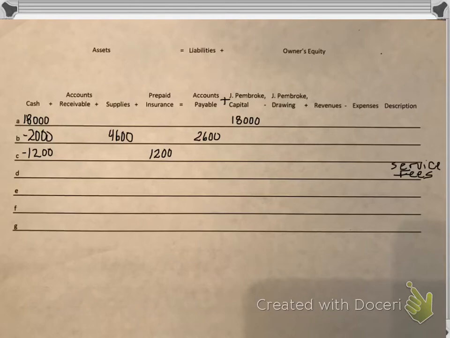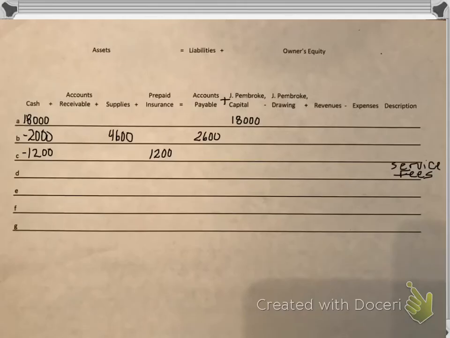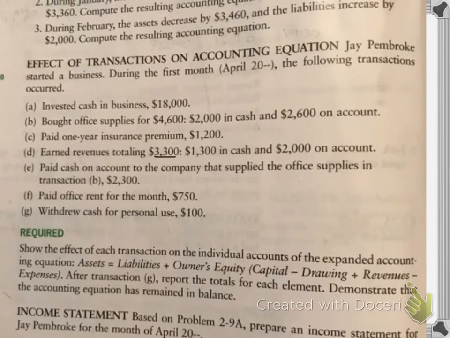So we earned, if you remember, we're back over here, we earned $3,300 in service fees. So our revenue increased by $3,300, the amount of service fees we earned. We received $1,300 in cash.